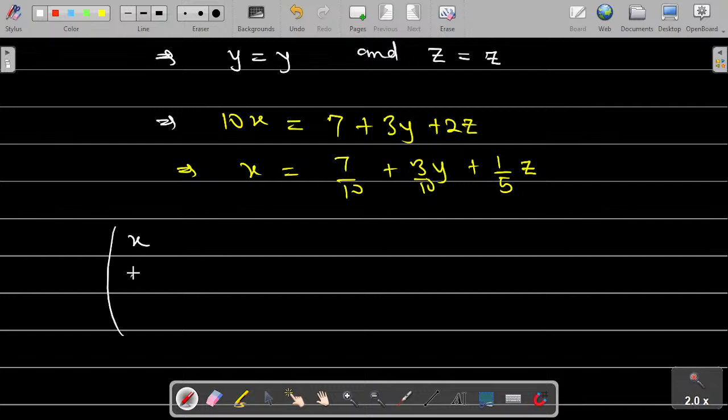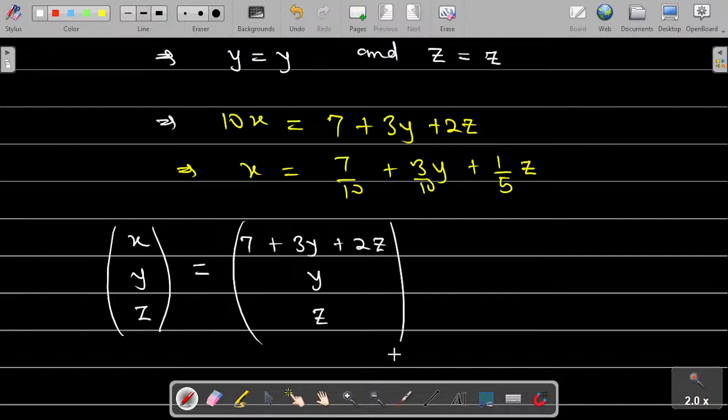The solution vector is x, y, and z. And what did I get as my x? 7 over 10 plus 3 over 10 y plus 1 over 5 z. And what did I get as my y? My y is y. And my z is z. So that's the solution vector.